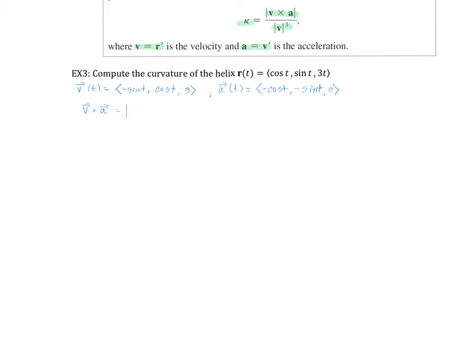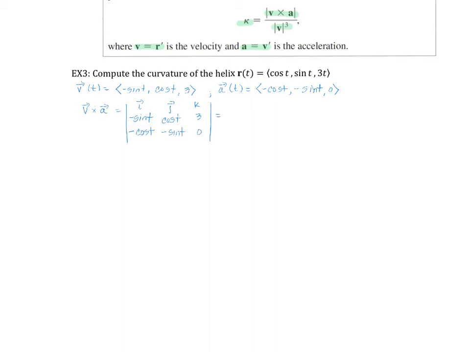So my I, my J, my K. For my first vector V, that will be negative sine t, j is cosine of t, and k is 3. A is negative cosine of t, j is negative sine t, and k is 0.